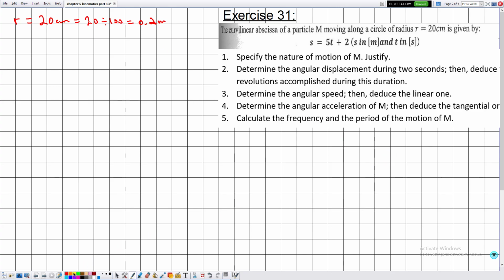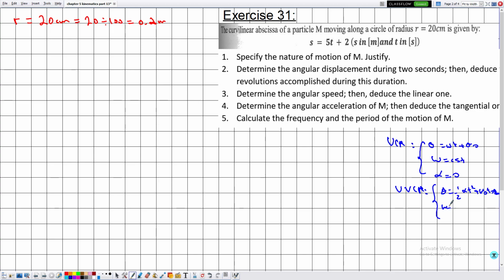Now it's convenient to specify the equations related to UCM, UVCM, and the relation between the linear and the angular quantities. So in the case of UCM, we have that theta is equal to omega t plus theta 0, omega is equal to a constant, and alpha is equal to 0. In the case of UVCM, we have that theta is equal to half alpha t squared plus omega 0 t plus theta 0.